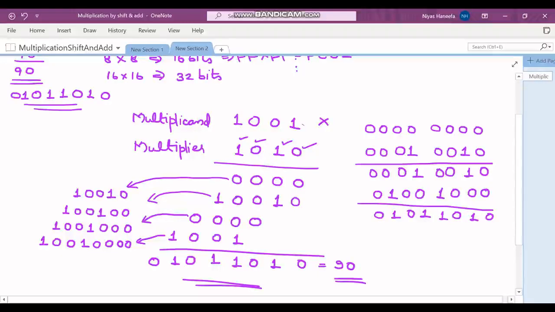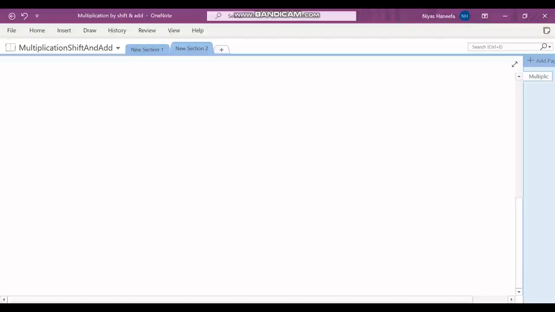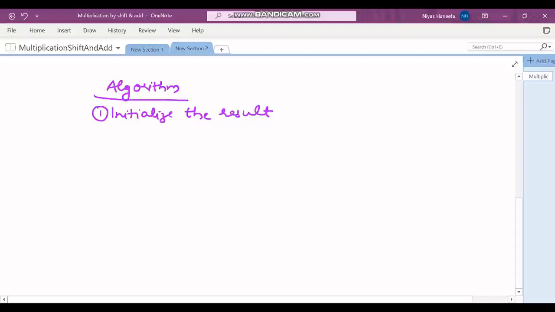So again I am explaining the algorithm. The algorithm is like this. Initialize the result to the maximum size. So here, if it is 4 by 4, you will have 8 bits, which will be equal to 00000000.